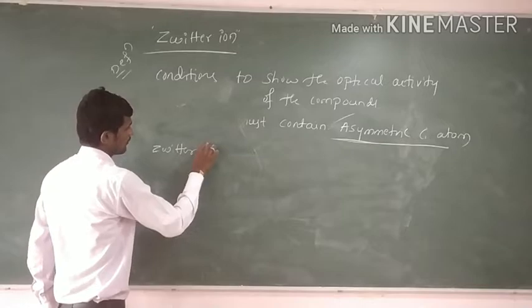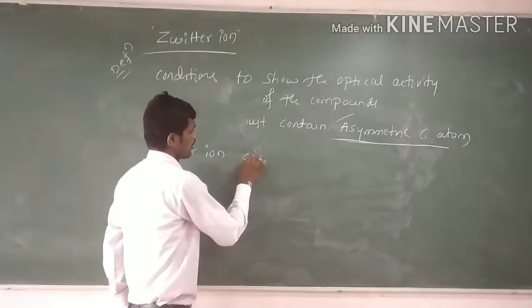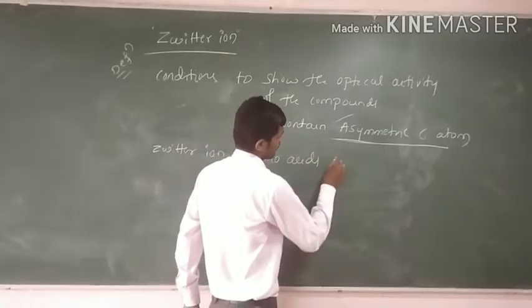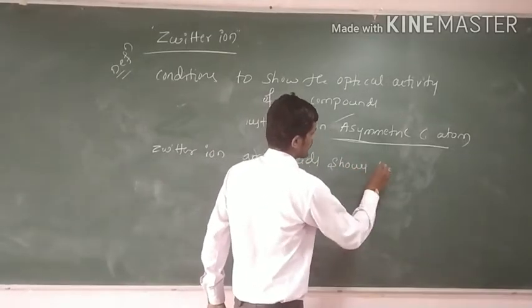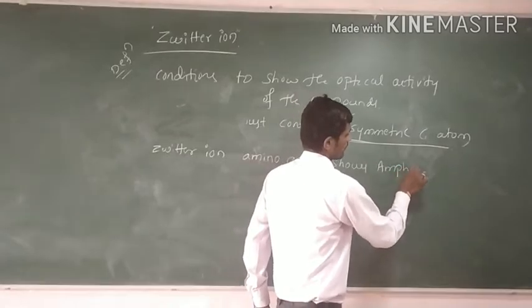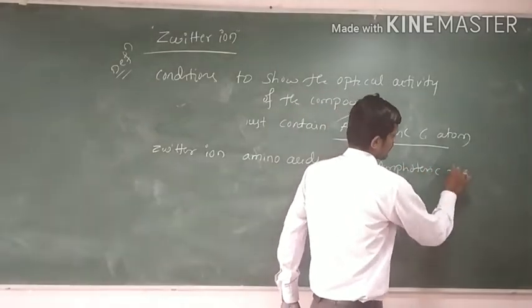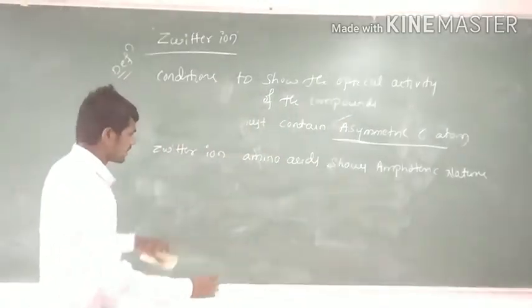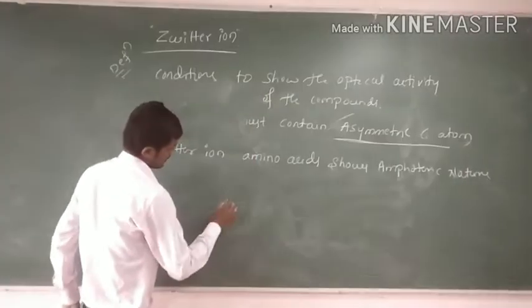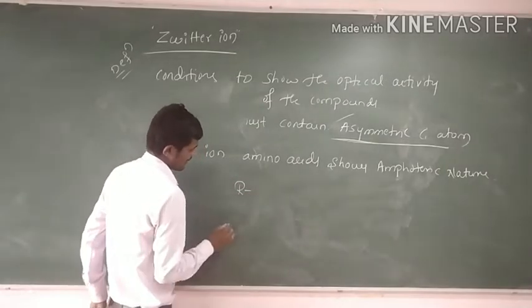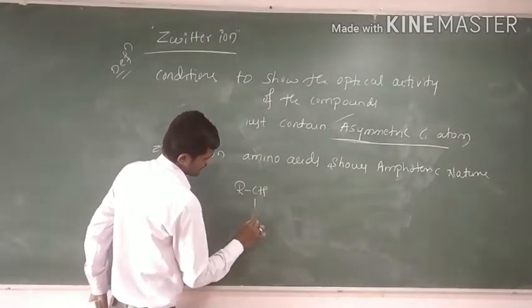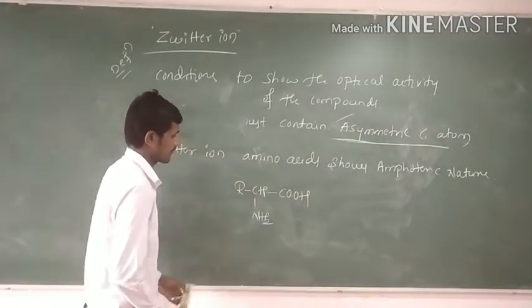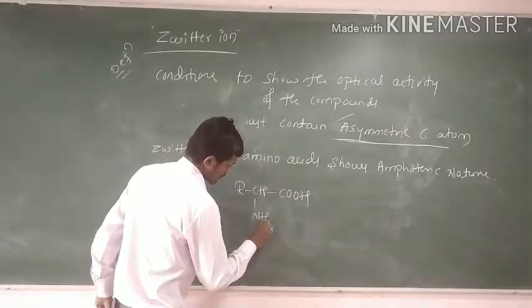Which means it acts as both acid as well as base. If you take an example, see here, the general structure of amino acid is written like this: CH, NH2, COOH. Sorry, the general formula of Zwitter ion is like this.